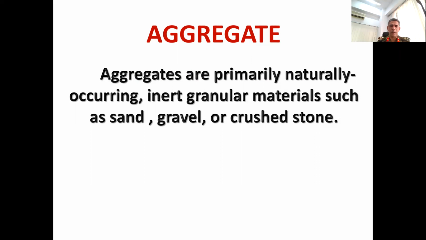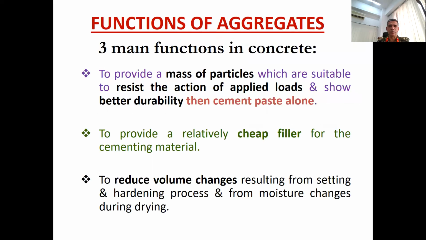According to the definition, aggregates are not supposed to take part in chemical reactions when they are mixed with sand or cement. That is the official definition of aggregate. But later on, when we shift to other classes, we'll see that some stones are not inert. They do make some chemical reactions.